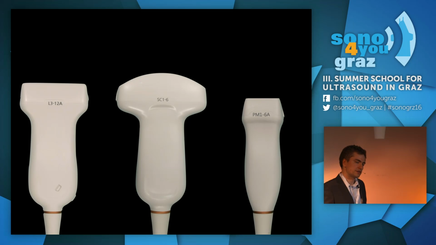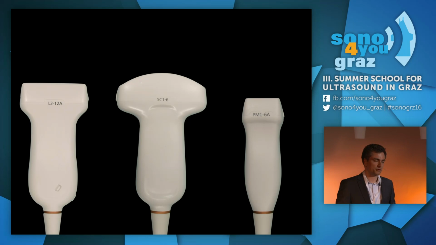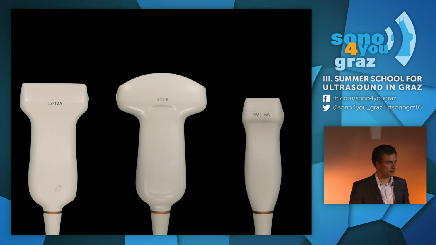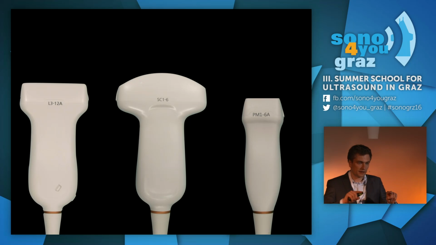So we have talked about the three main probes we have. The linear probe on the left side: high frequency, not penetrating into the depths, with the crystals on one line.